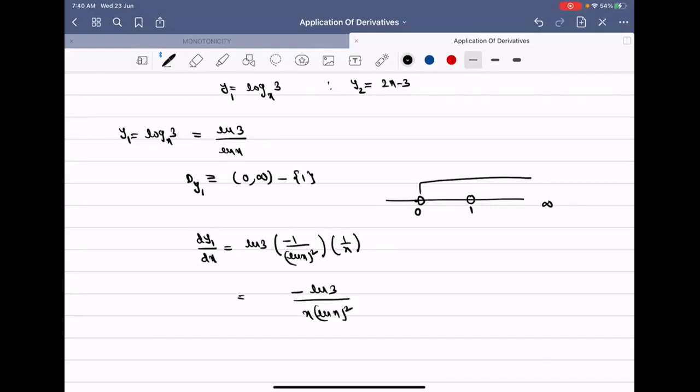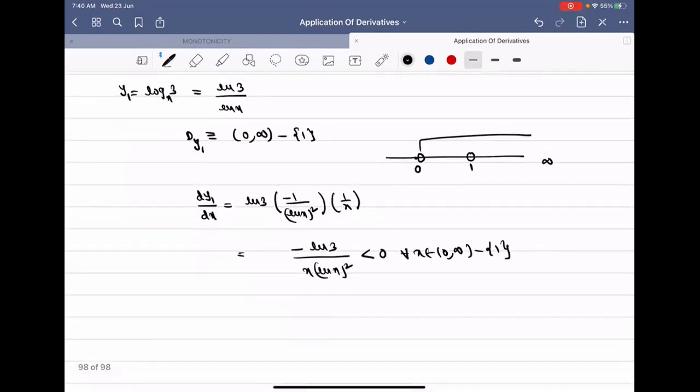Here x is positive because the domain is 0 to infinity except 1. ln x square is positive, ln 3 is positive. Therefore the sign of dy1 by dx is negative for every x in 0 to infinity minus 1.